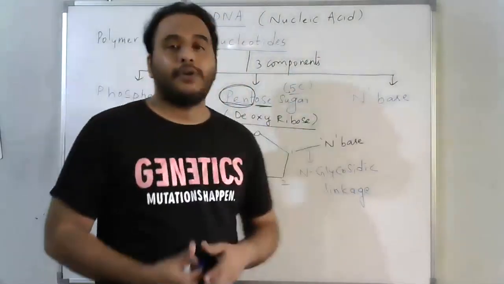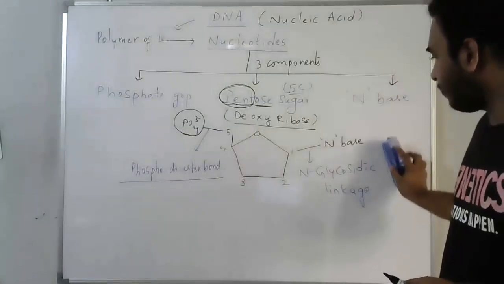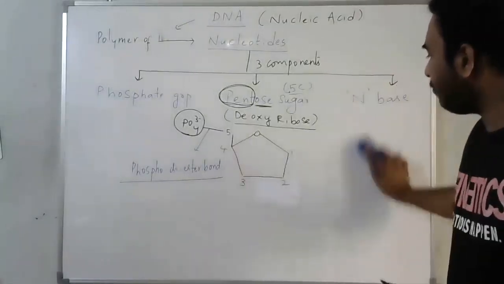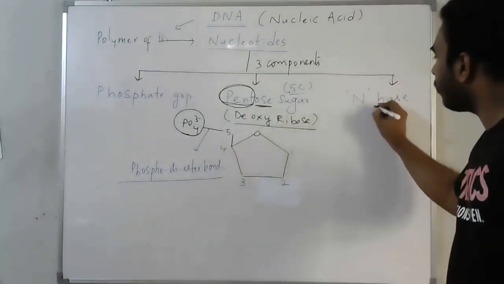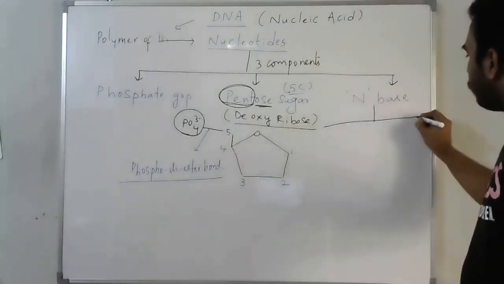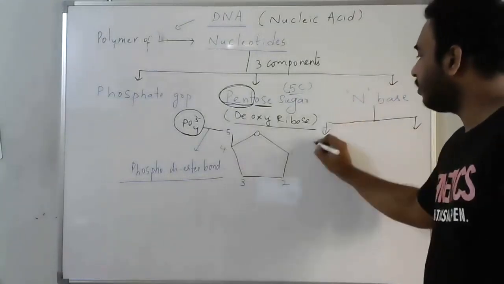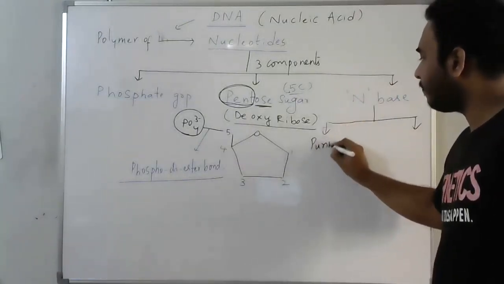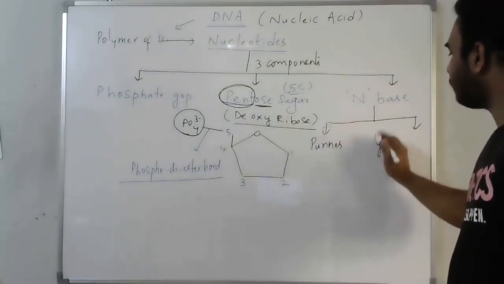And coming to nitrogenous bases, there are 2 types: number 1, purines, and number 2, pyrimidines.